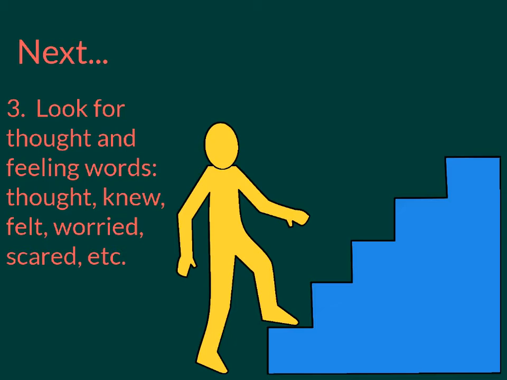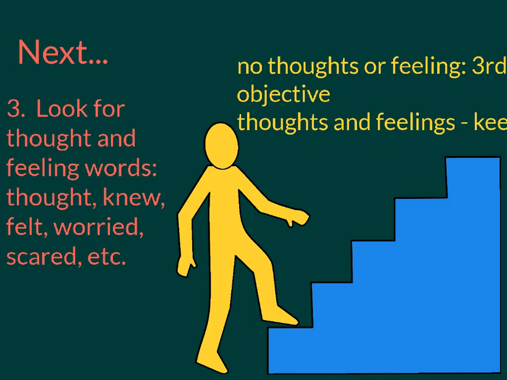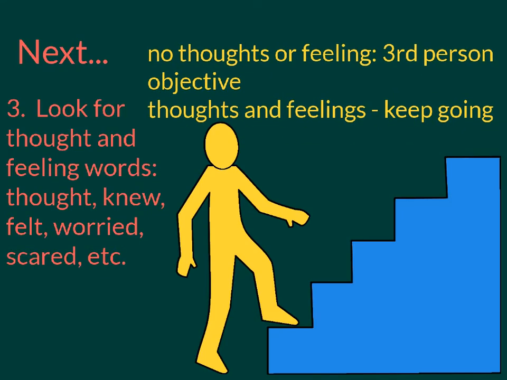Does it talk about how he felt, what he knew, what she thought? Were somebody worried or scared? Words like that are going to be helpful in figuring out whether my point of view could be something other than third person objective.